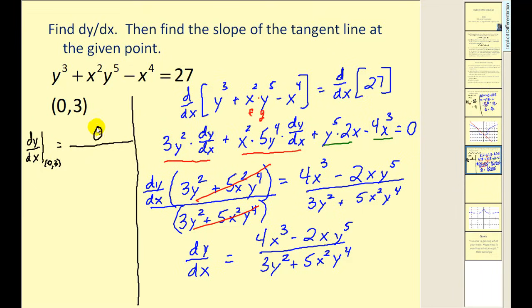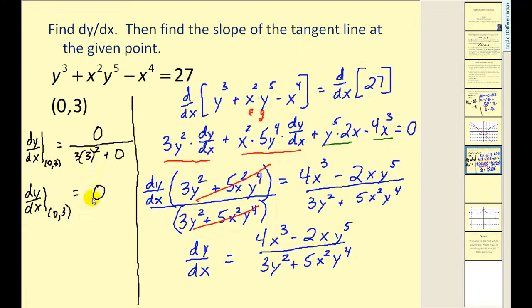So our numerator would be 0. In our denominator, we'd have 3 times 3 squared plus 5 times 0 squared times 3 to the fourth, of course, is 0. So the value of the derivative at the point 0, 3 is equal to 0.